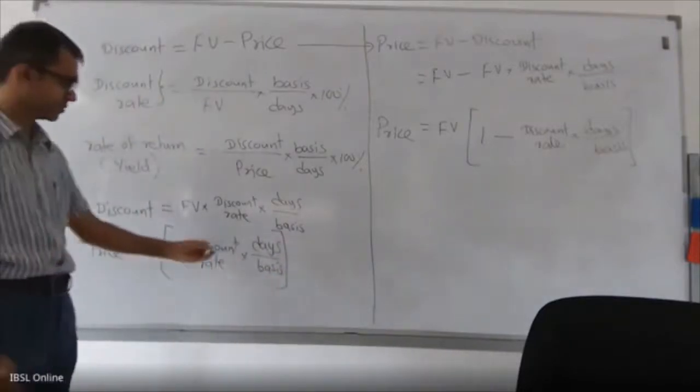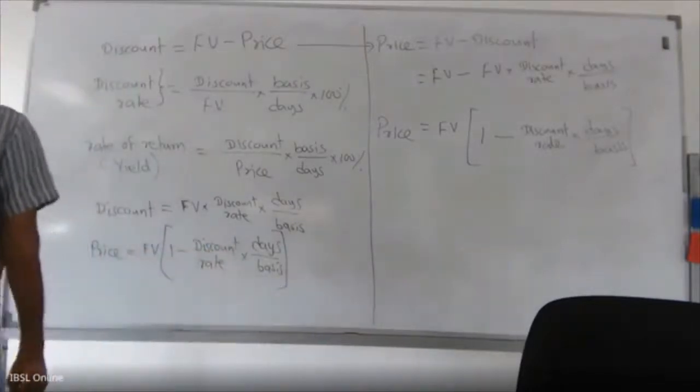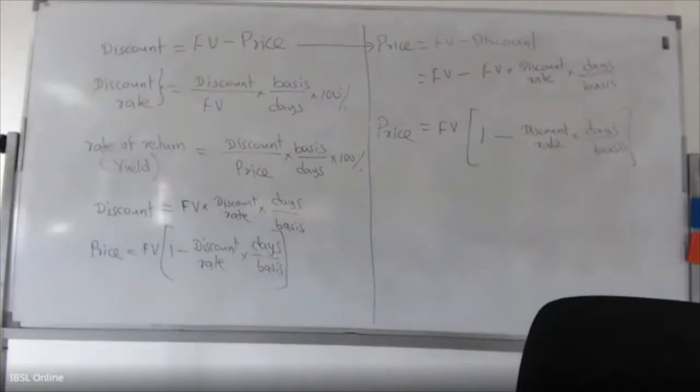Remember, whenever you put discount rate, it has to be a decimal figure. Is it clear? Or any questions? Any questions?